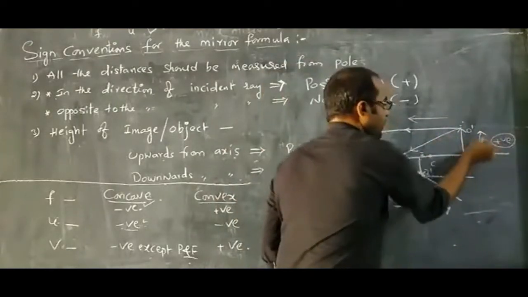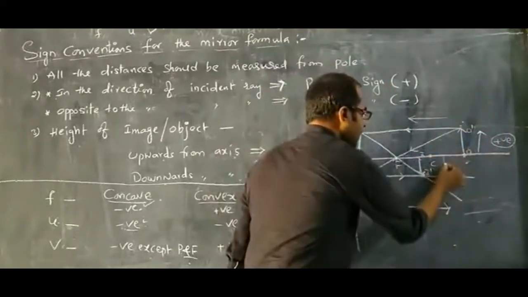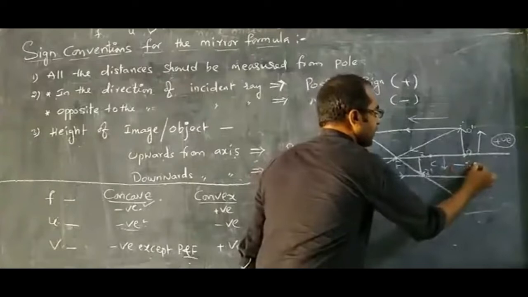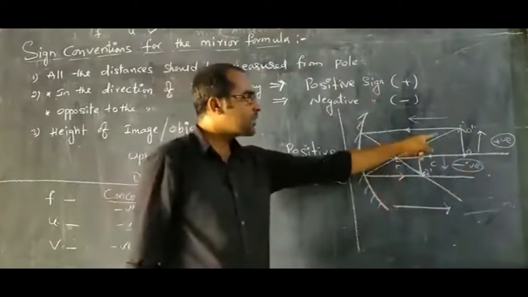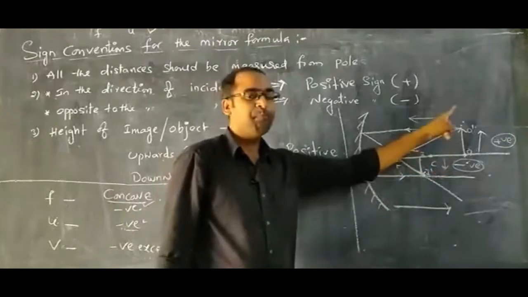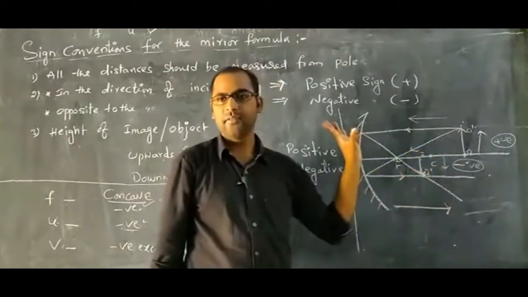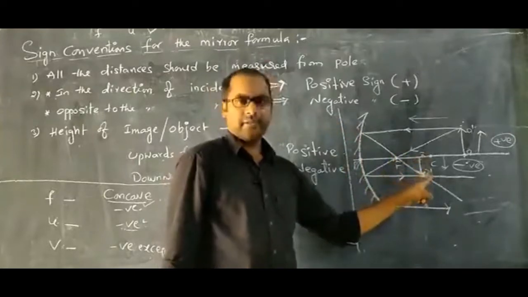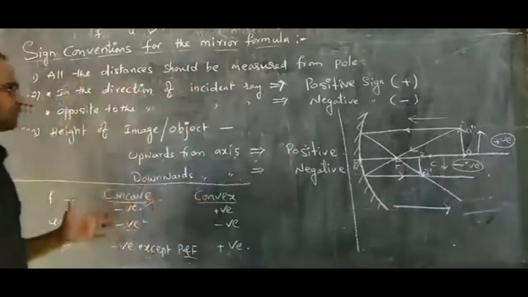If we measure upwards from the principal axis, we take positive, and if we measure downwards from the principal axis, it should be taken negative. So in this case, height of the object should be taken positive, and height of the image should be taken negative. Is it clear?